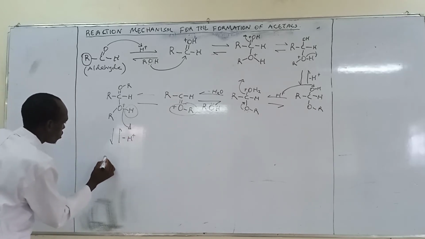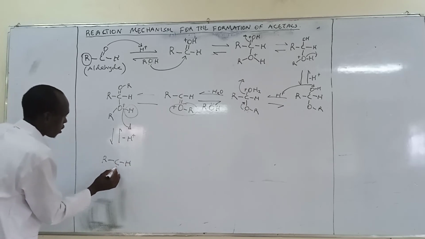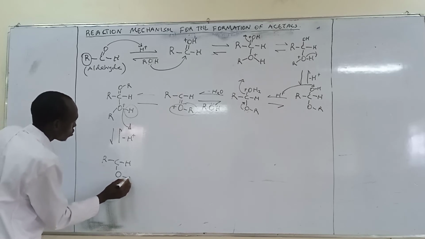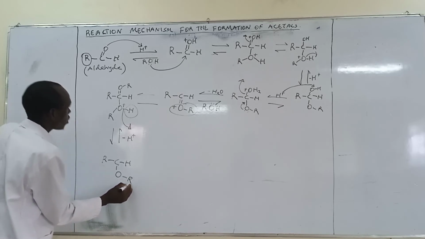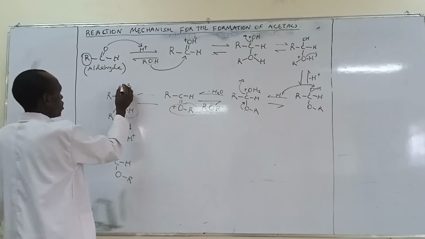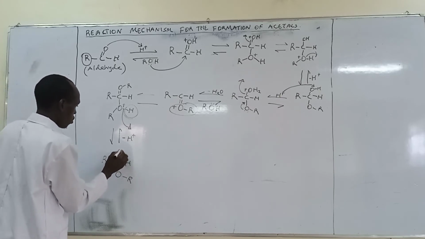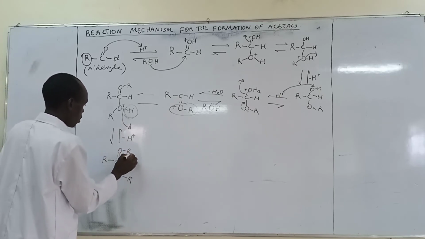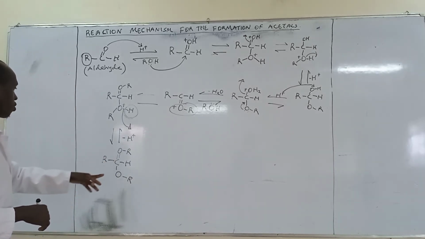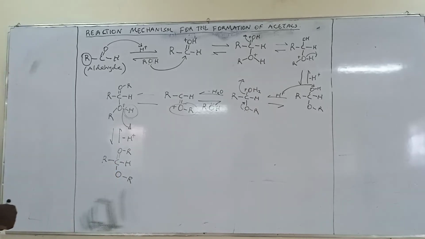So we shall write it, this R, then C, then H, then we have our O, then R. Remember this hydrogen has left, and then introduce this O, then R.